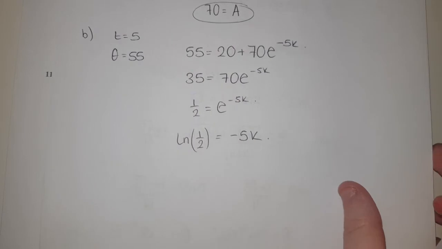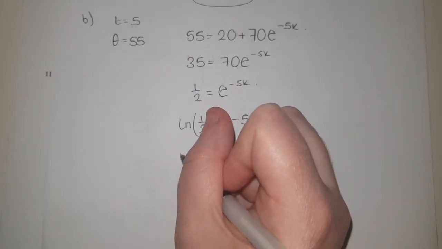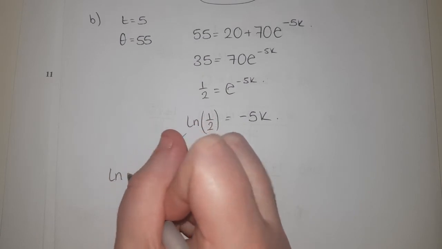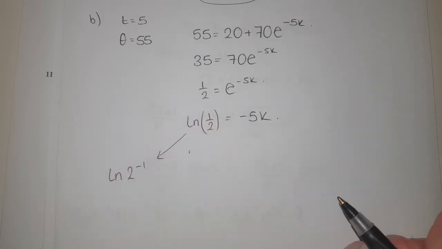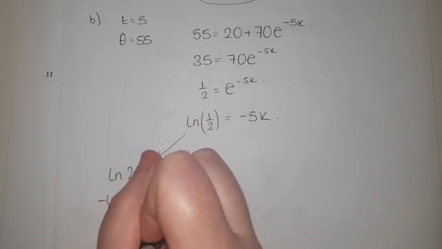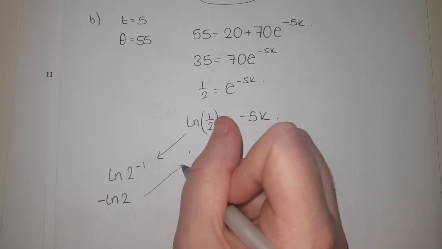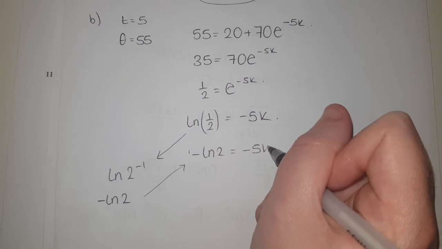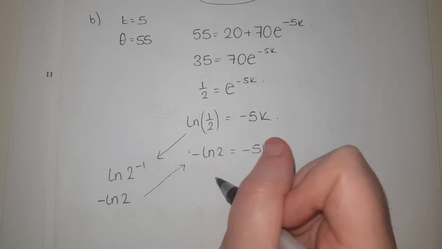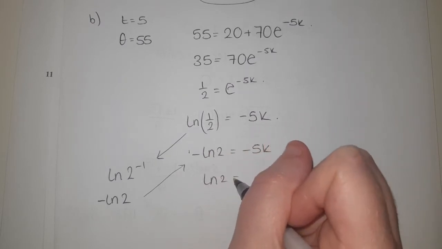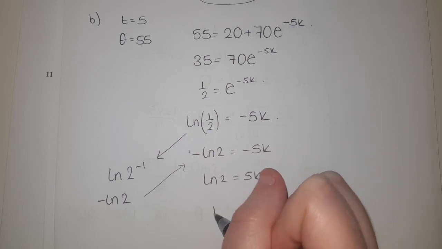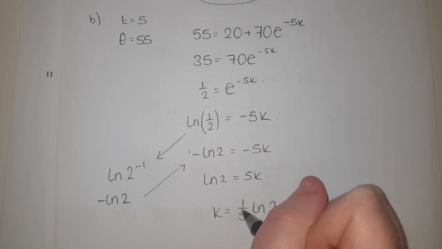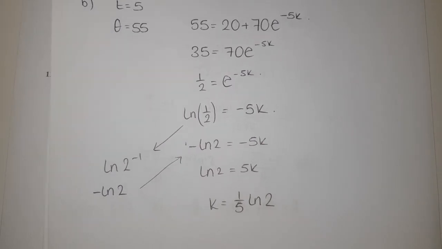Now remember what we said before, ln of a half I can treat as ln of 2 to the power of minus 1, which means I can write that as minus ln 2. So minus ln 2 is equal to minus 5k. The minuses then just cancel, so ln 2 is equal to 5k, and if I divide by 5, I can write k as 1/5 ln 2, which is what they asked for in the question.